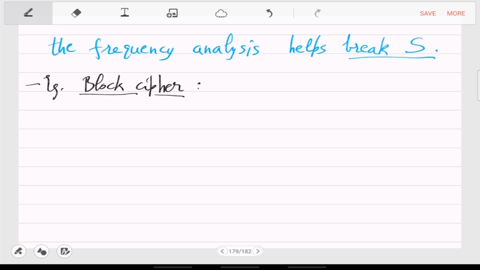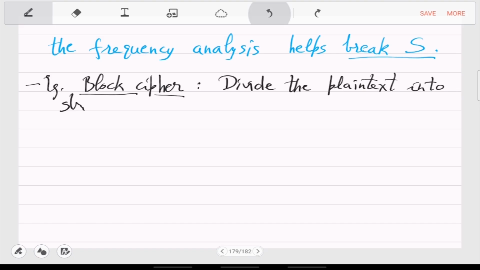So this is very general, I won't give a proper encryption algorithm, but generally what you are doing here is encrypting at the level of blocks. So divide the plain text into blocks of length k, each a string in 0, 1 to the k.